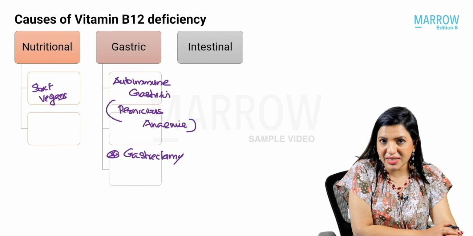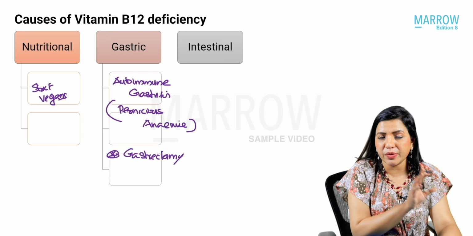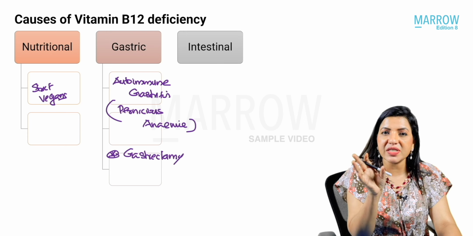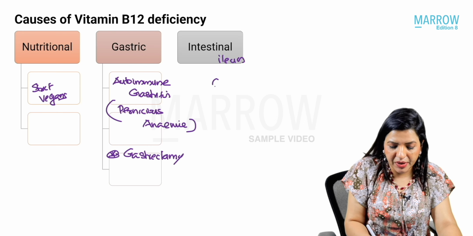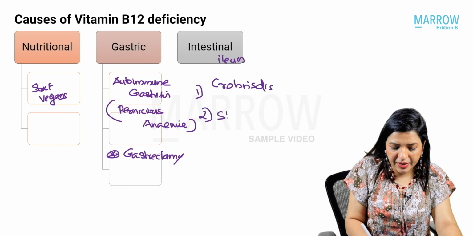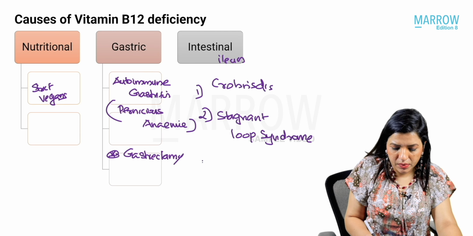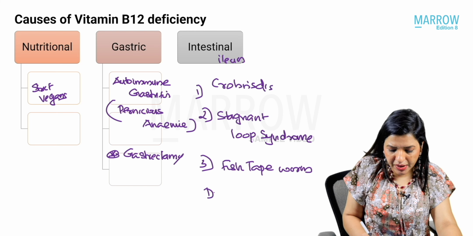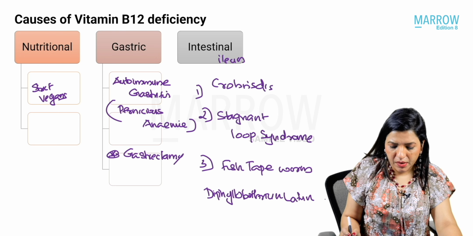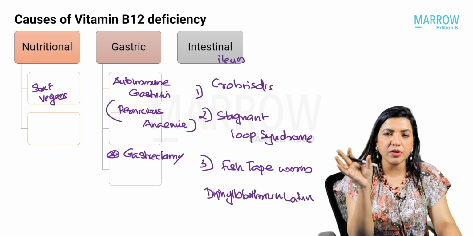Then coming to the intestinal causes, the absorption of B12 is taking place in the ileum. So anything which affects the ileum, like Crohn's disease. Then another one is stagnant loop syndrome. Then the fish tapeworm, which is Diphyllobothrium latum.